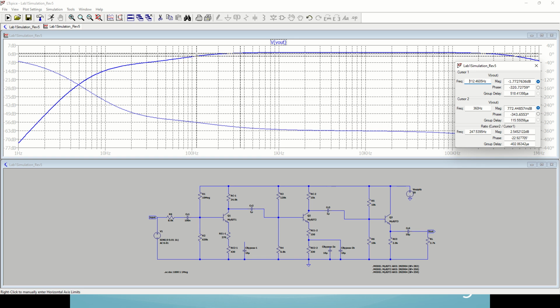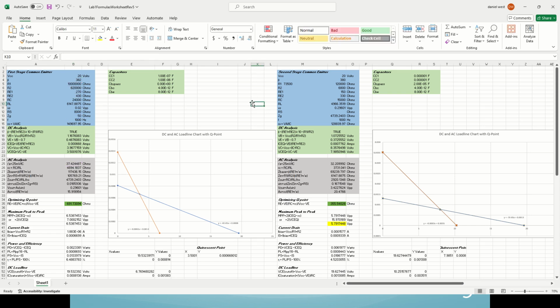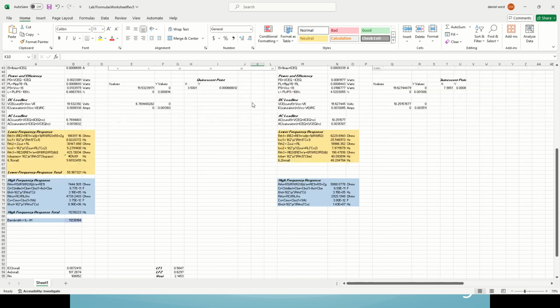So I'm going to pull up my calculations again, and I showed you the lower frequency response calculations. So what I do is I look at the frequency response for each capacitor, right?